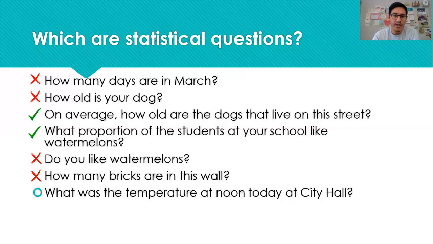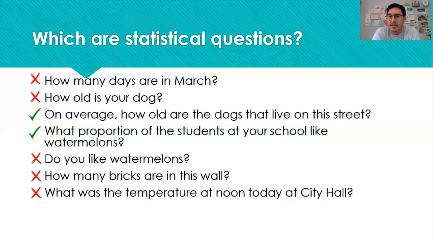Now, if we had taken measurements throughout the day, then we would have variability in the data. Or if we were to take these measurements at different places, not just City Hall, but maybe downtown, uptown, whatever, we would get different measurements.